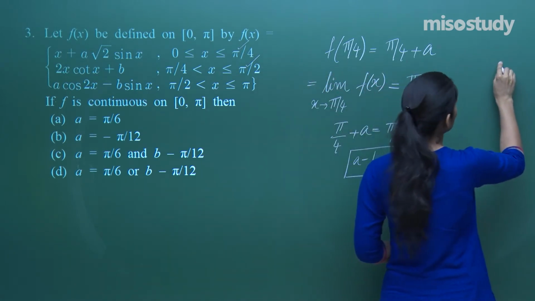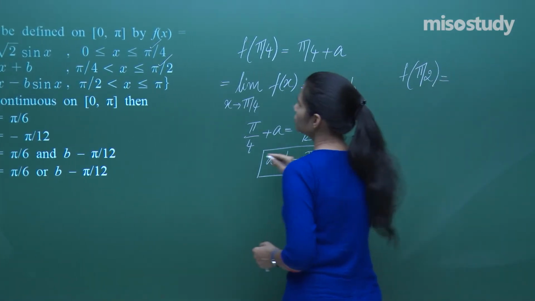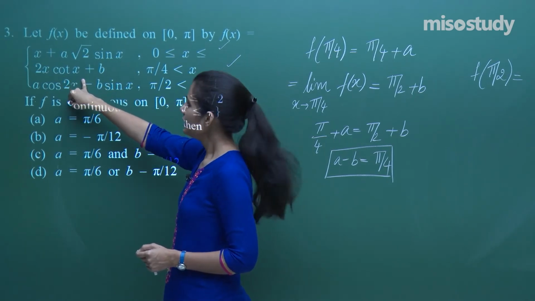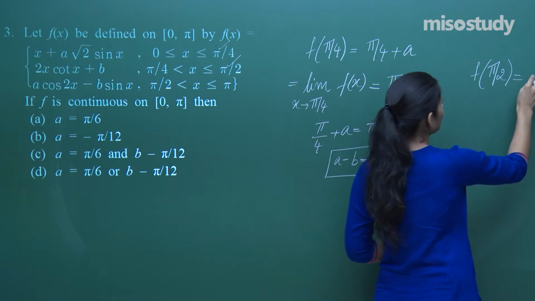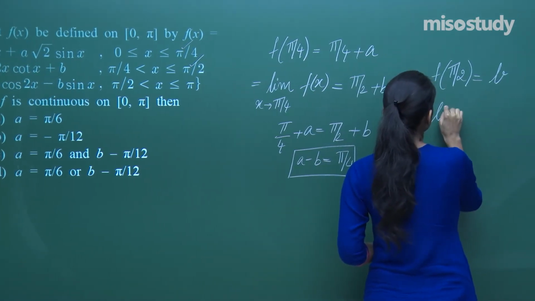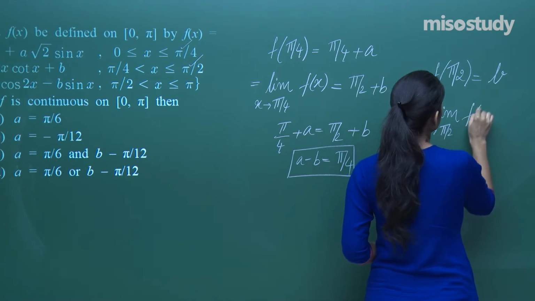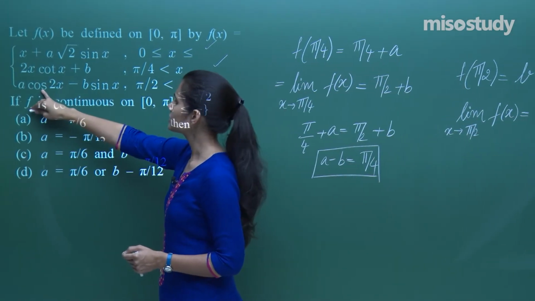Similarly, if I talk about value of the function at the next point, that is pi by 2, if I take it over here, what is it that I am getting? Cot pi by 2 is 0, so I am just getting b. So f of pi by 2 is b. And if I talk about limit x tends to pi by 2 of f of x, it is actually this.